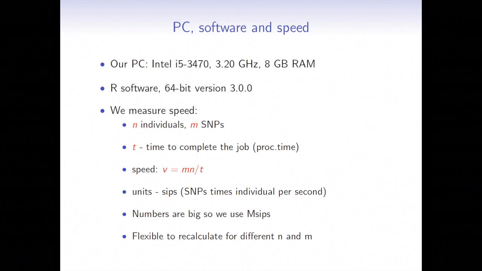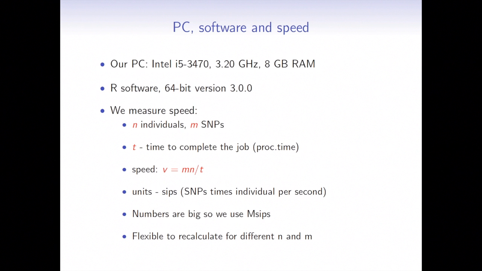So before I start the real presentation, I will start with some technical details. I use one desktop computer, 64-bit version of R, and during my presentation you will hear a lot about speed. So imagine you have n individuals and m SNPs, and it takes you time t to complete the job, which is measured by proc.time in R. So we define speed as m times n divided by t, and the units would be SNPs times individuals per second, so-called sieves.